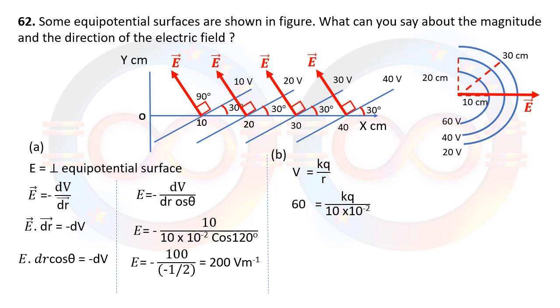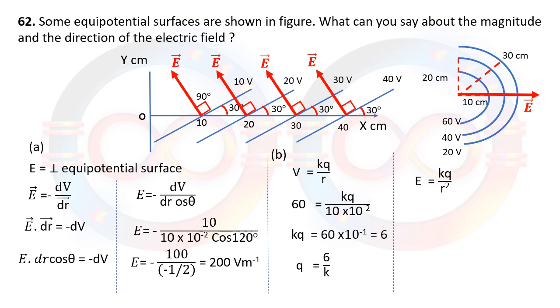So if we take 60 volt, kq upon distance, 10 centimeter we will change into meter, kq is coming as 6. So q is equal to how much? 6 upon k.